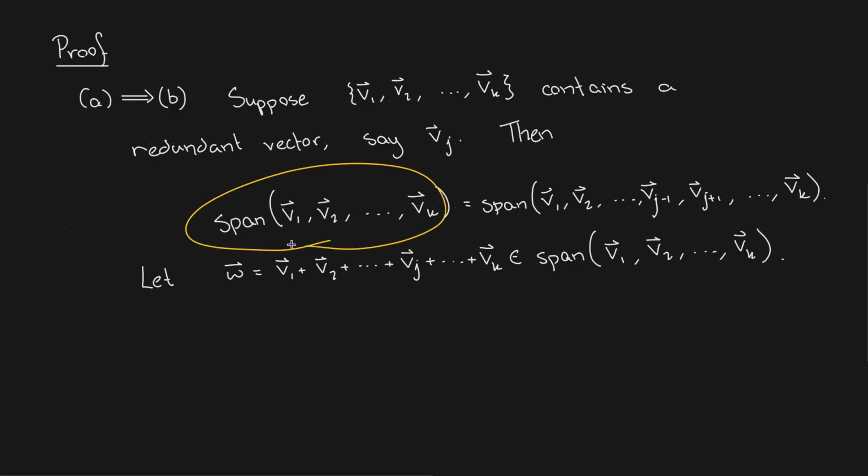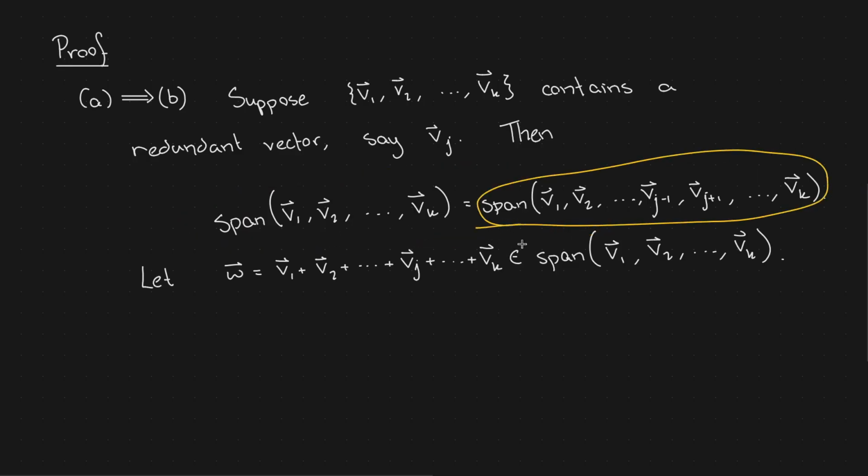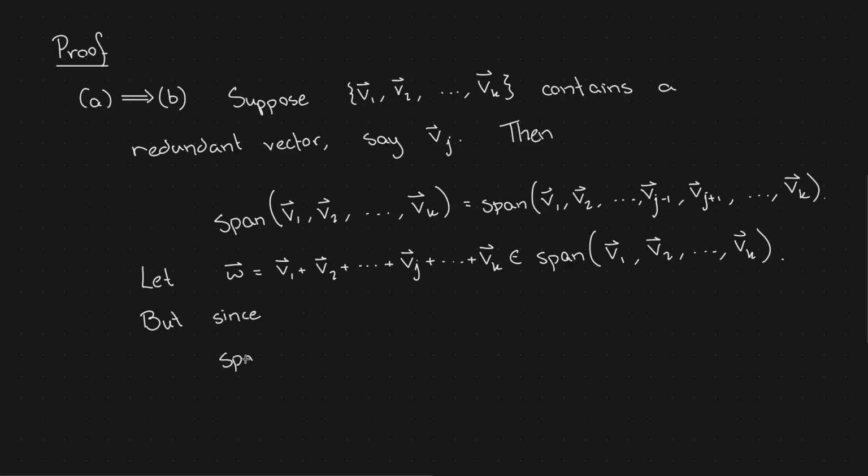Okay? It's in here. But since the spans are equal, I must also be able to express W as a linear combination of these vectors. But since the first span equals the second span, okay, right?